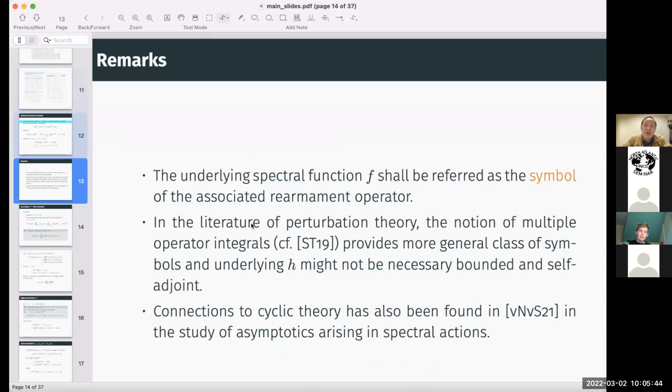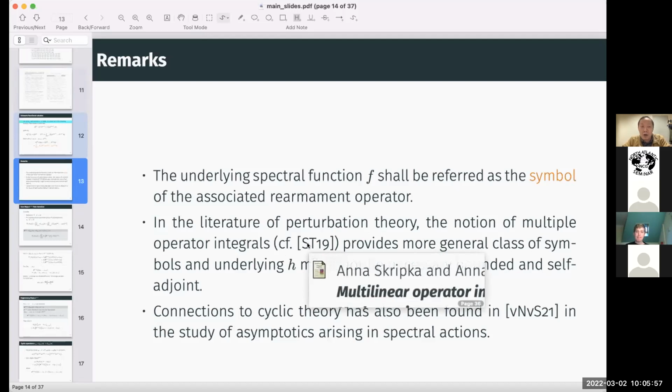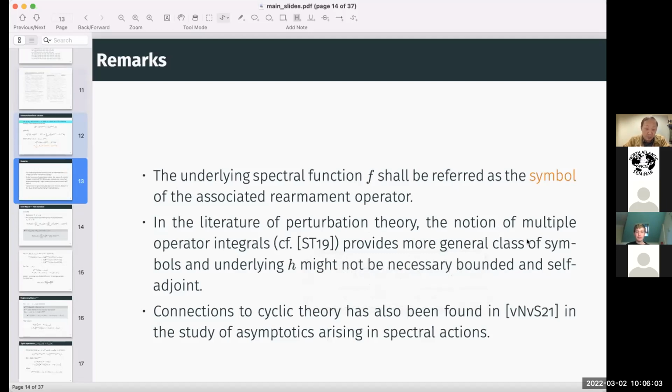This sort of rearrangement process also appears in another literature, like perturbation theory, where I think they call it multiple operator integrals. Here is a standard monograph or textbook where you can find all the references for multiple operator integrals.